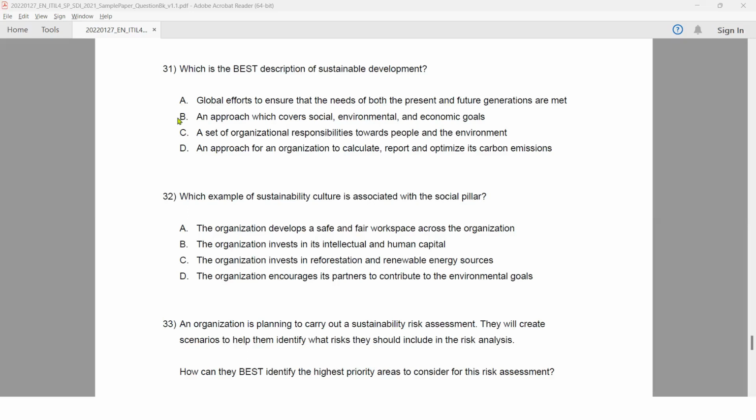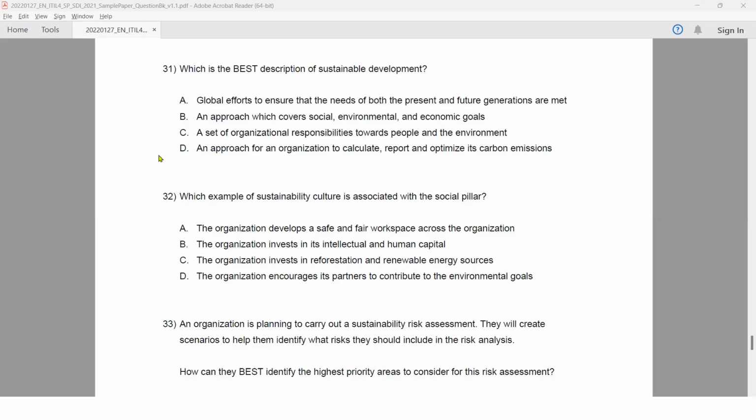Option B, an approach which covers social, environmental, and economic goals. This is the triple bottom line rather than sustainable development. So B will be incorrect. Option C, a set of organizational responsibilities towards people and the environment. This is corporate social responsibility, or CSR.